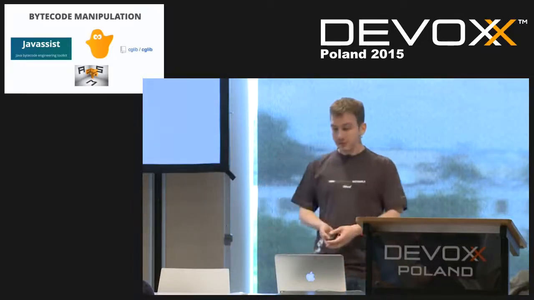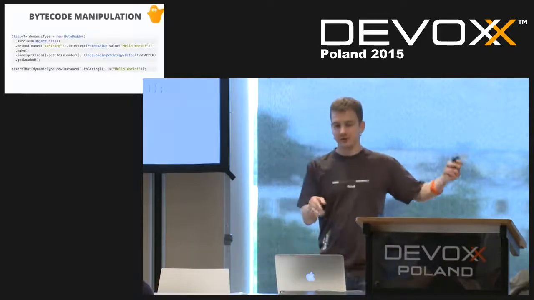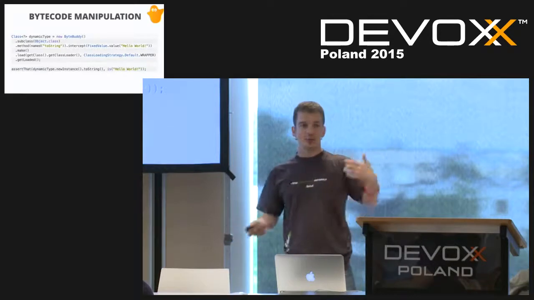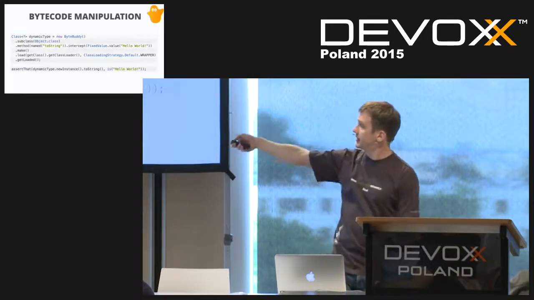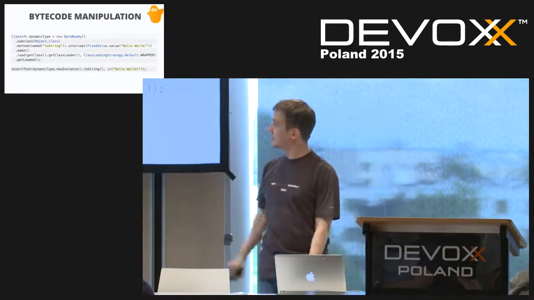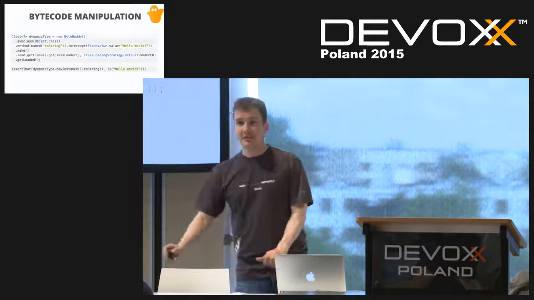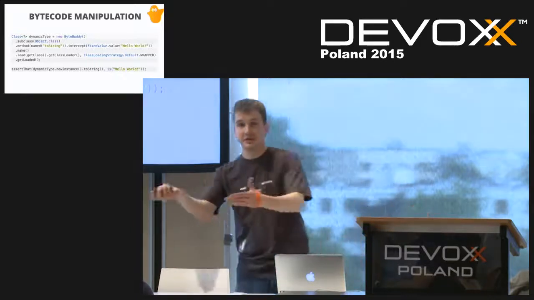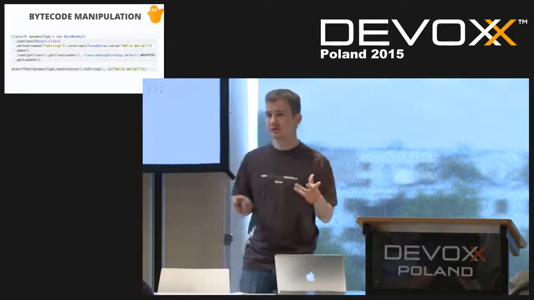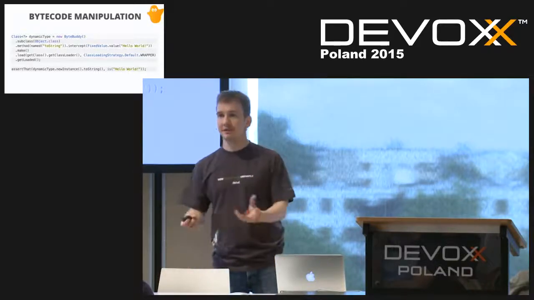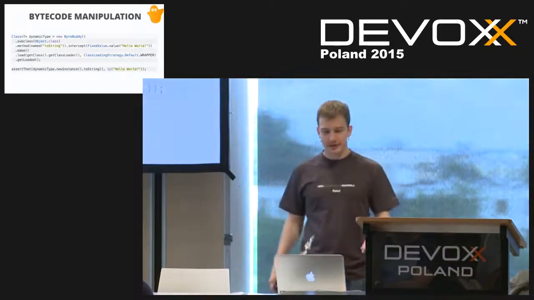So, in a nutshell, most of them will look something like this. This is an example of using ByteBuddy to generate a dynamic class. Since this is a dynamic class, the only representation that it has is the bytecode, right? There is no source code, because on the JVM level we can as easily generate the bytecode directly.